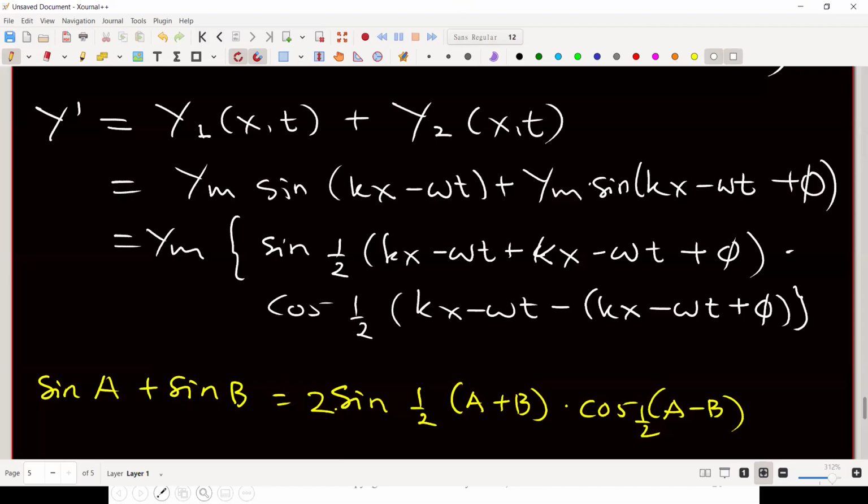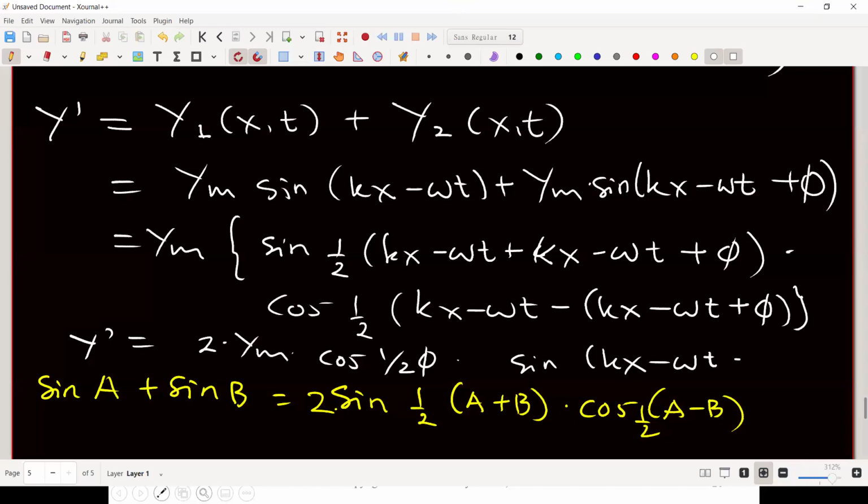Actually this one becomes y prime equals 2 ym cos half pi, then sin(kx minus omega t plus half of pi). I think this one is the equation of interference.